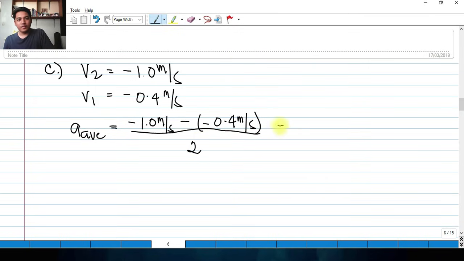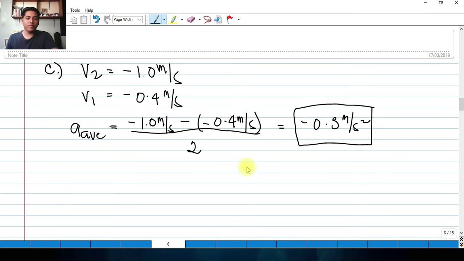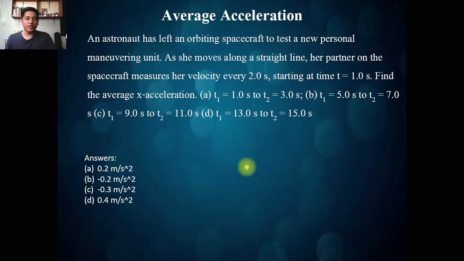Okay? So, -1 minus -0.4, divided by 2, and that is negative 0.3 meters per second. And you can calculate for letter D, and it should give you an answer of 0.4 meters per second squared.